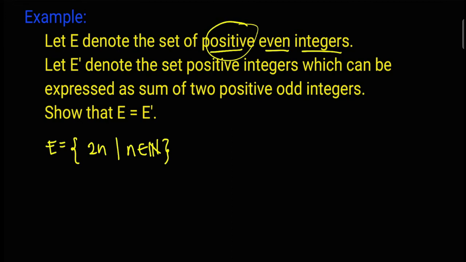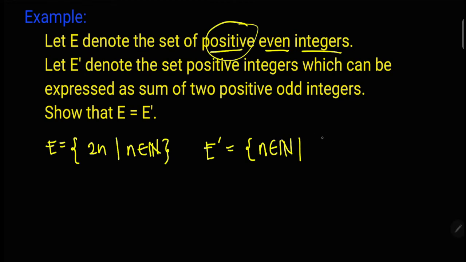Now, how about E prime? E prime is the set of positive integers. So, it contains the set of natural numbers such that any element here can be expressed as sum of two positive odd integers.